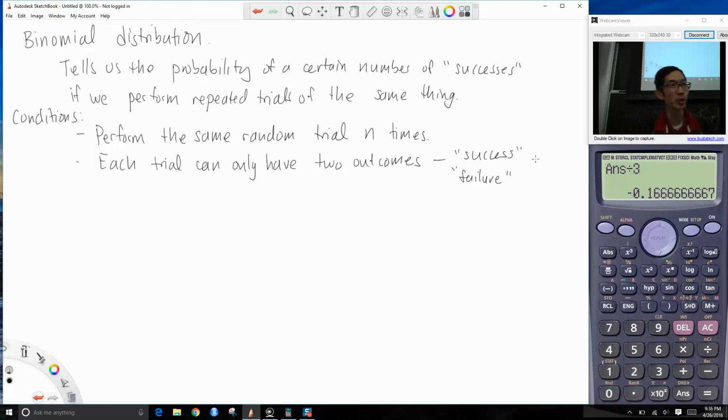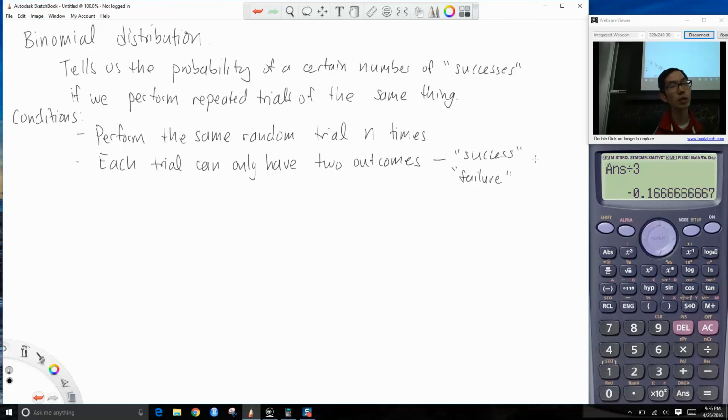Probably it would be better to just say yes versus no, okay? So it could be, you know, you're flipping a coin and the coin can either land heads or tails, okay? Now we arbitrarily have to label one side as success and one side as failure, okay? But again, these are just arbitrary labels.